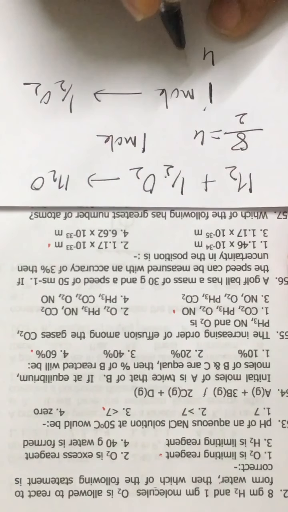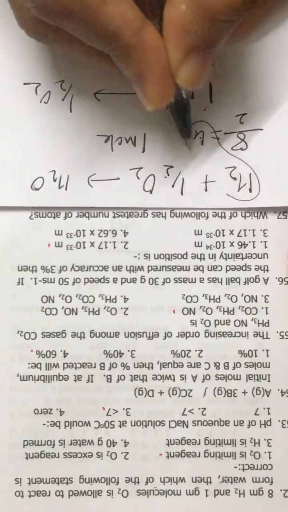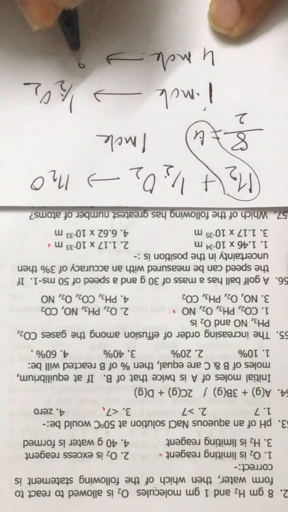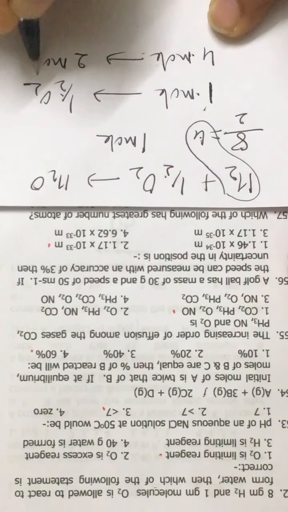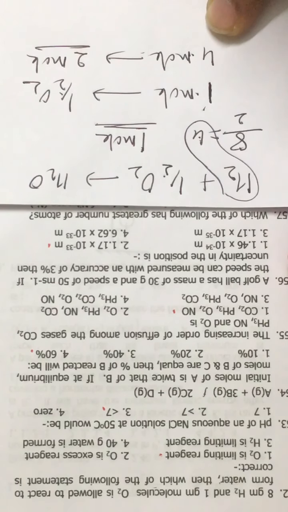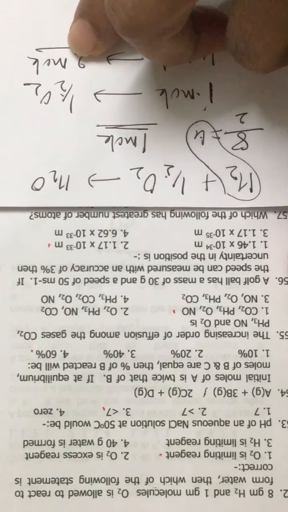Since we have 4 moles of hydrogen, we will need half of 4, that is 2 moles of oxygen. Do we have 2 moles? No, we don't have 2 moles. So this is the limiting reagent. Oxygen is the limiting reagent. So the correct answer is the first option.